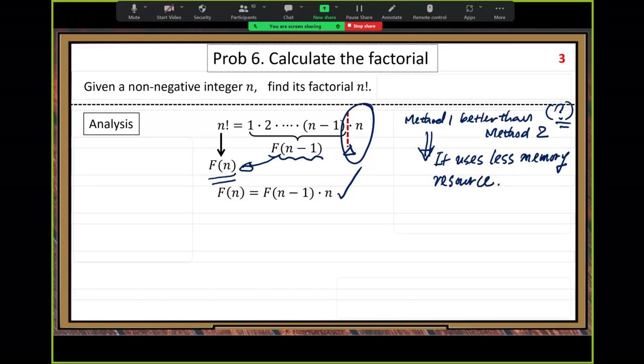Method 2, because of recursion, in general needs to use more memory resource. So why does recursion use more memory resource?